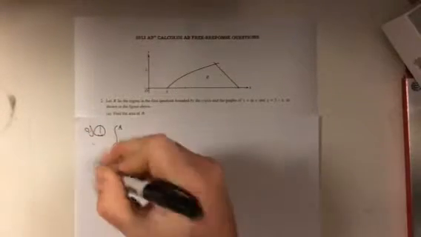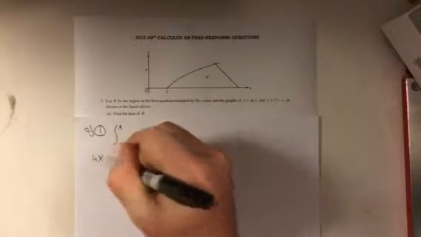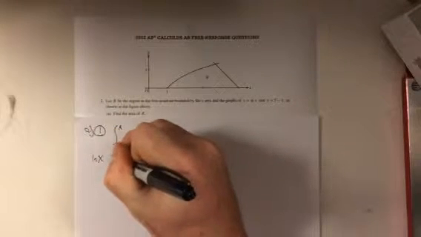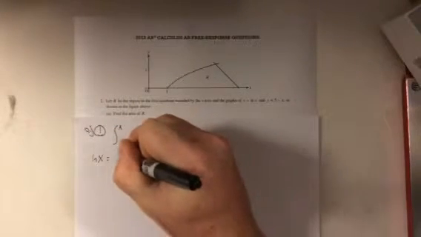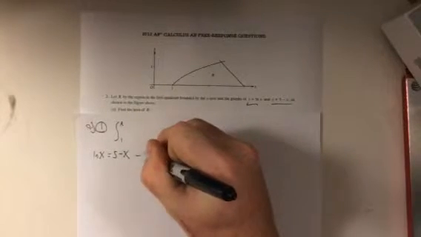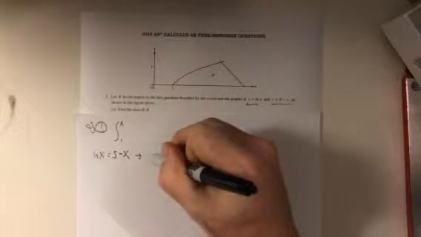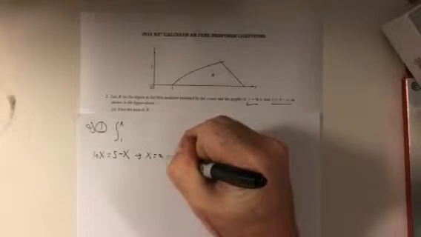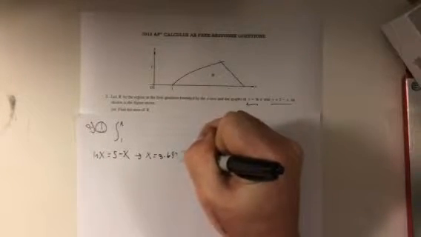So we're going to set natural log of x equal to 5 minus x. And after you do the math, x is going to end up equaling 3.69344.